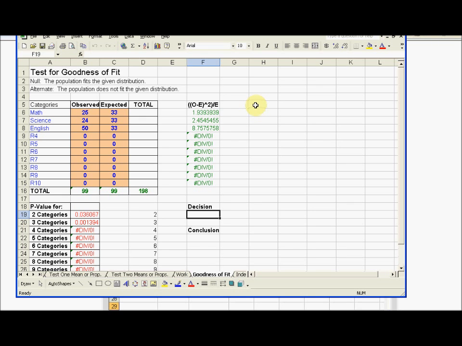In this video, I'll talk about the chi-square test for goodness of fit. And that test has two opposing hypotheses, just like any hypothesis test.